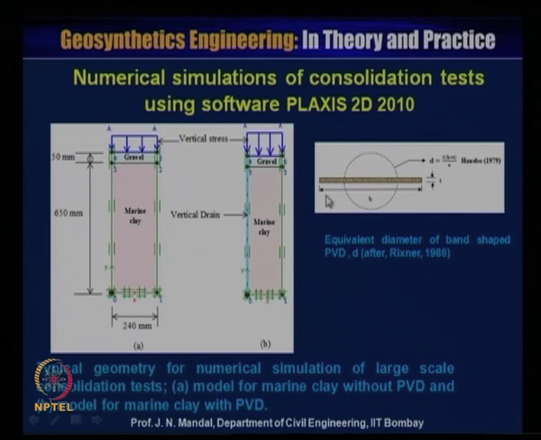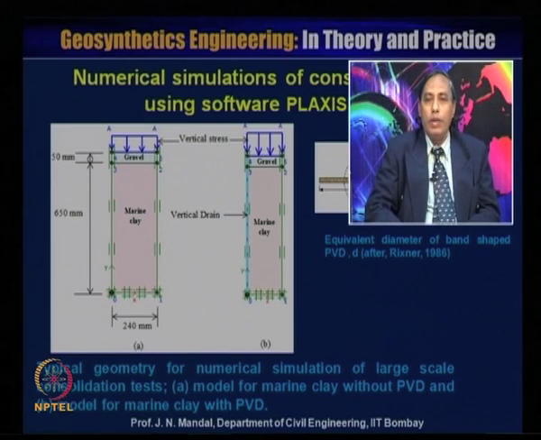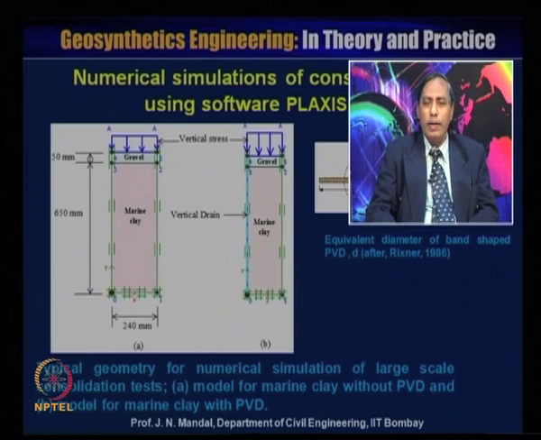If the width of the prefabricated drain is B and the thickness of the prefabricated drain is T, then the equivalent diameter D will be equal to 2 times (B plus T) divided by pi, which is given by Hansbo 1979. So, what I want to say is that in most cases it has been observed that, in general, the diameter of the sand drain is about 66 millimeter.